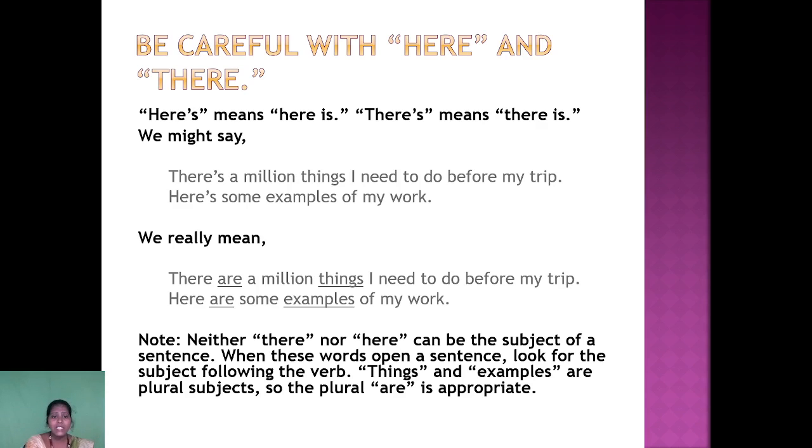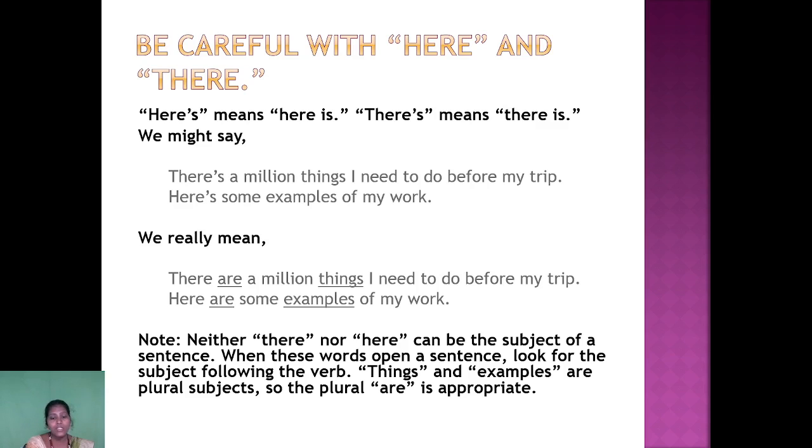So what is the difference? "There is a million things I need to do before my trip," and the second example is "There are a million things I need to do before my trip." What is the real meaning? The second one is correct because there or here is considered as a plural form.